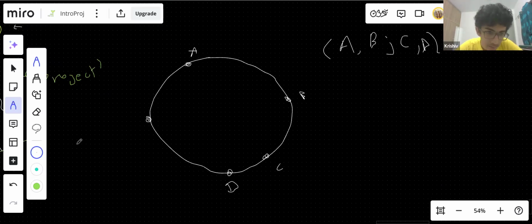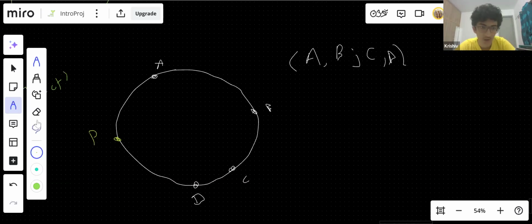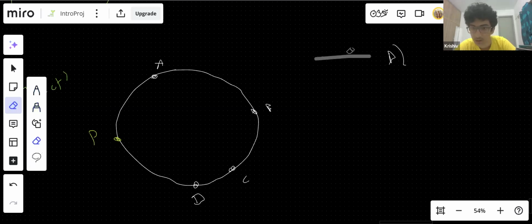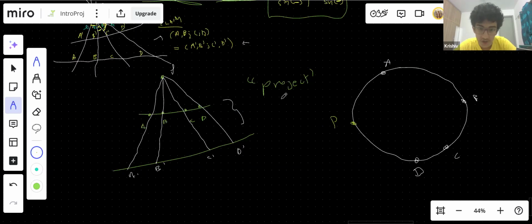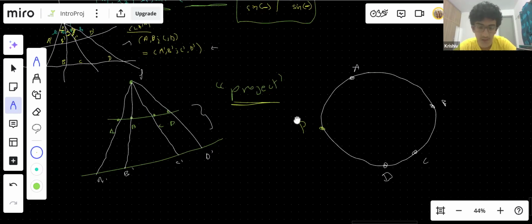I'll take a point P that's not A, B, C, D. I won't give much motivation at this point. It makes sense because we already have this projection property, which is very nice, and we want to keep it invariant.